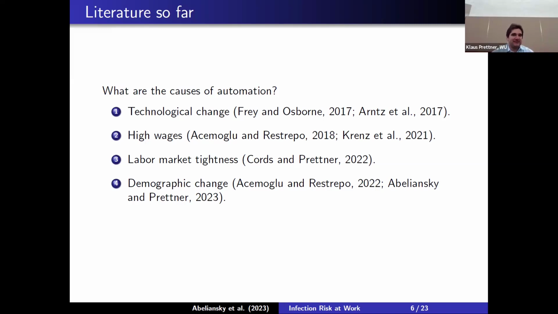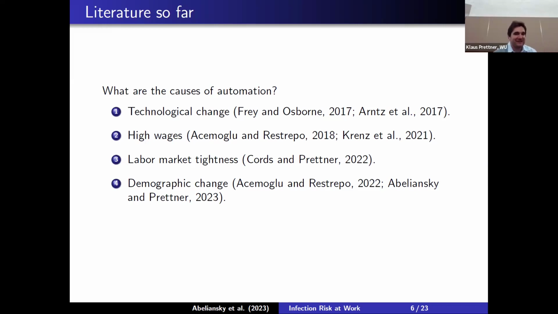And a little bit less research has been carried out on the causes of automation, but a few stand out, of course, technological progress. If robots become more efficient, then you could expect more automation. High wages, so if firms face higher wages, they have more incentives to invest in automation. If there is labor market tightness, labor market shortages, firms have an incentive to invest in automation.